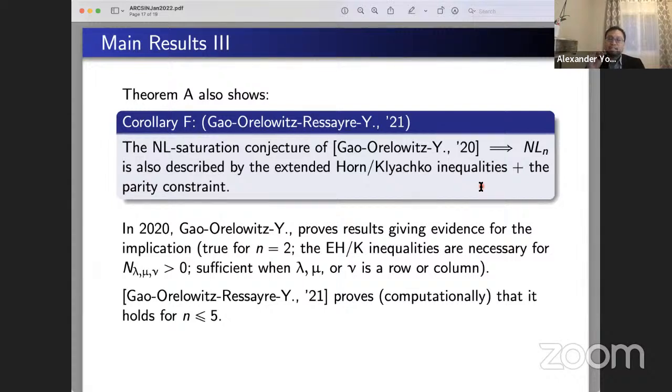Now understand, that's not saying the number of boxes is 5. There's an infinite list of possible partitions with at most 5 rows. And we can prove computationally that all of those statements are true. And so therefore, that's our strongest evidence of at least this implication.